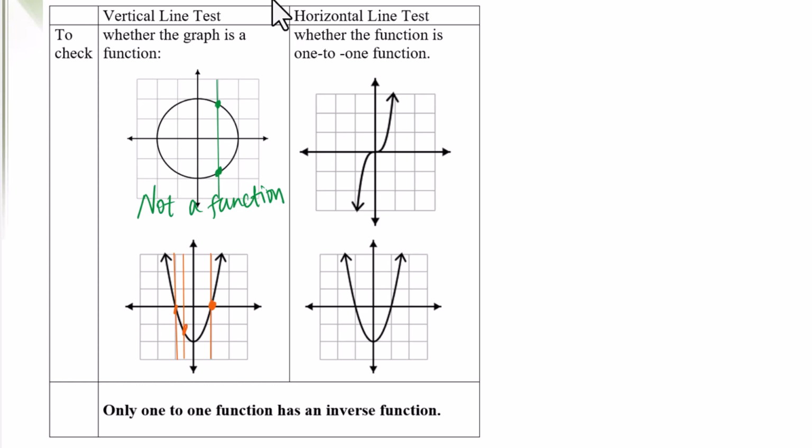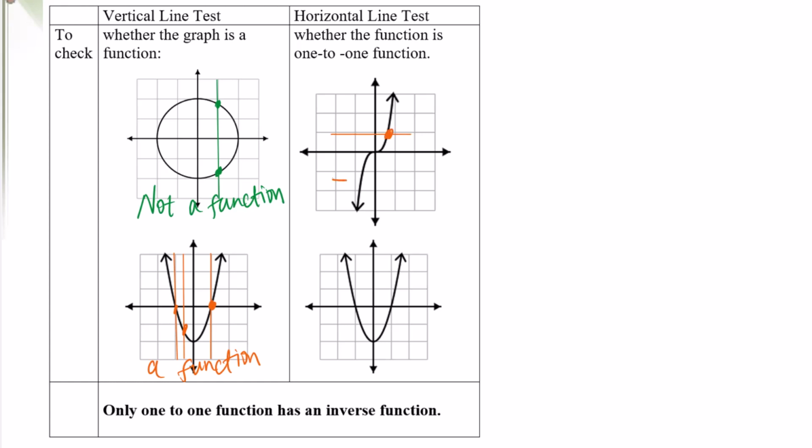This is a function. Horizontal line test is to check whether the function is a one-to-one function. We know this is a function. Is it a one-to-one function? Let's draw any horizontal line.